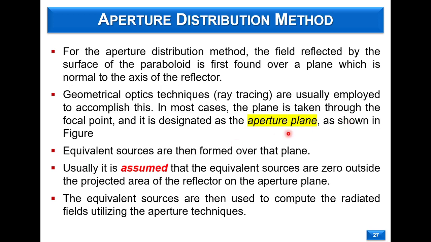Once we have the field on this aperture, we can use equivalent sources to form a plane. Usually, as I said, the equivalent sources are assumed to be zero outside the projected area of the reflector. Then we use the same methods for aperture techniques to find the radiation from this reflector.